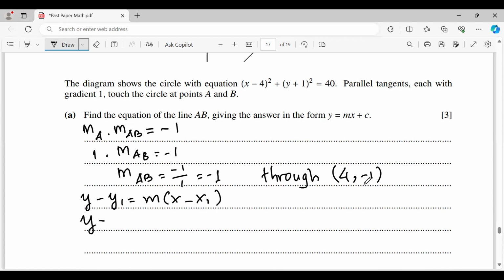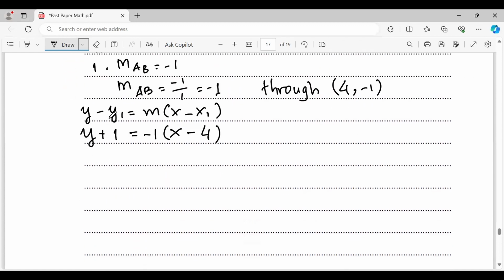Y minus y1, this is -1, so it becomes +1. M equals -1 times x minus 4, which becomes minus x plus 4, and it becomes y equals minus x plus 3 because 4 minus 1. This is the equation.